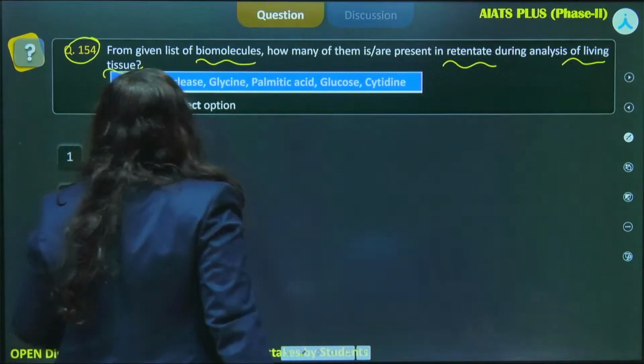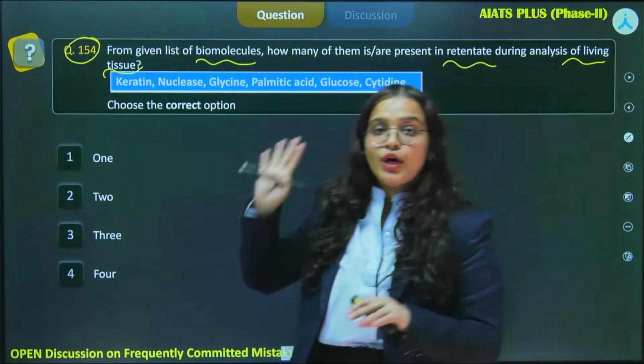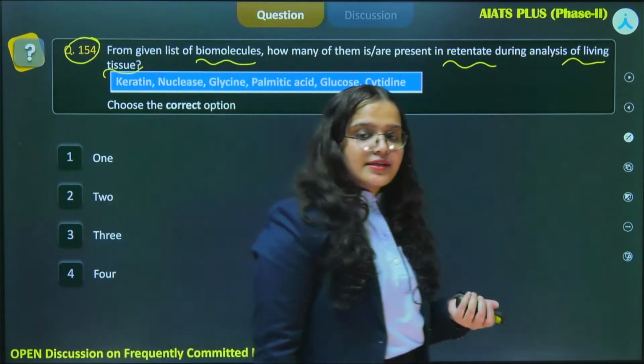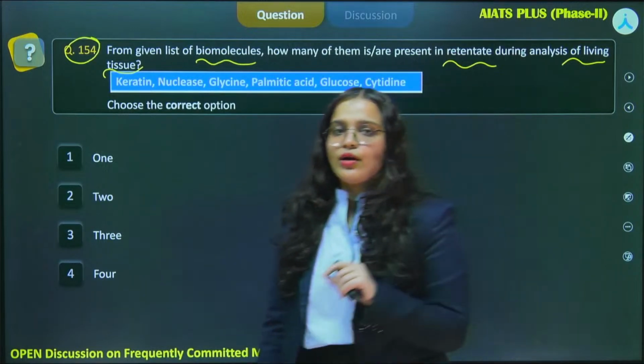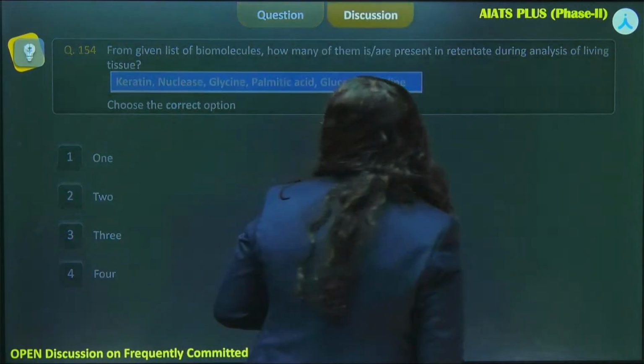All right. So among the options given, we need to find out which molecule will be present in the retentate. And I can see someone has answered in the comment section that actin is a contractile protein, and you're absolutely right. Thank you for your answer.